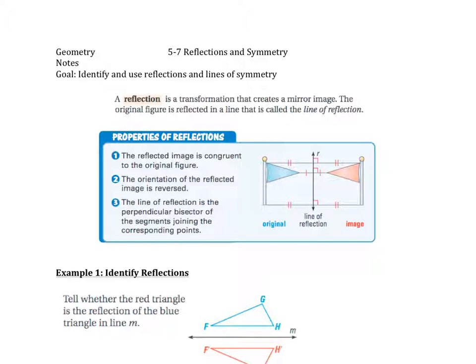So in this example, your line of reflection is basically right in the middle of the two images. It's the perpendicular bisector of the segments that join two corresponding parts.